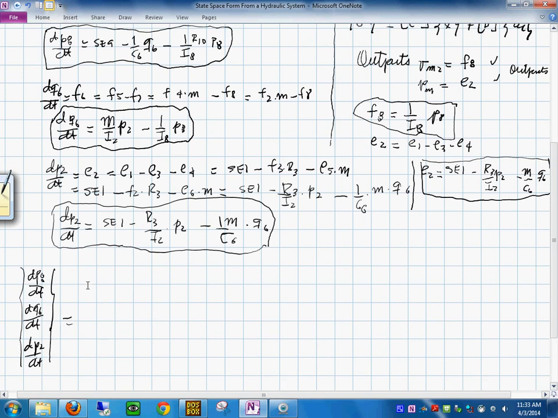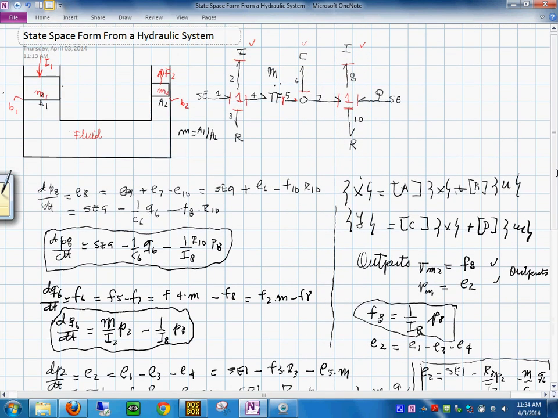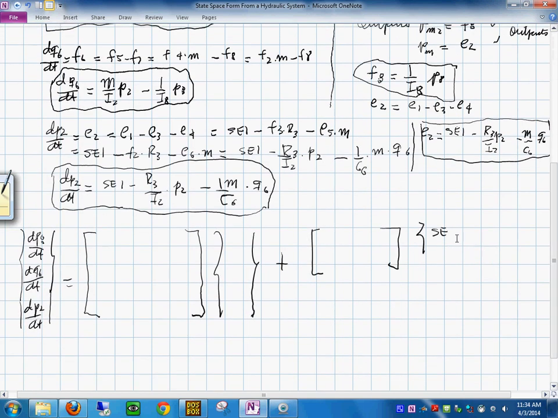And then you put the matrix in here, which would be your matrix A. And then you have the vector of the state space in here. Then the matrix B. And then the matrix is SE. What do we have in this case? We have SE1 and SE9, two of them.